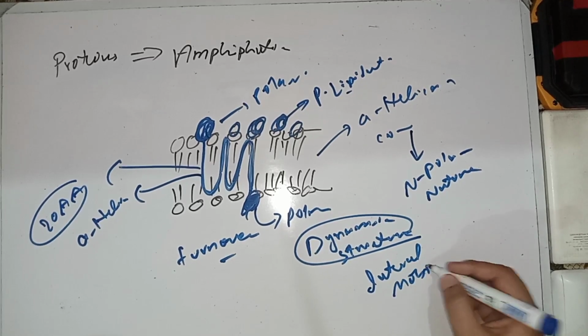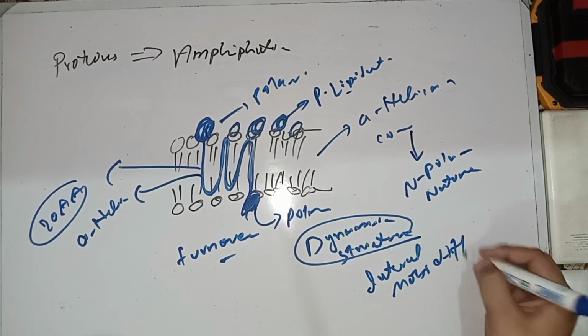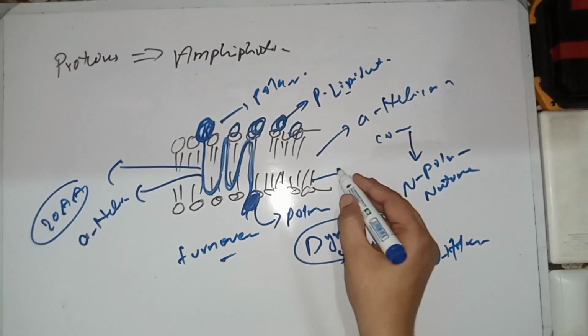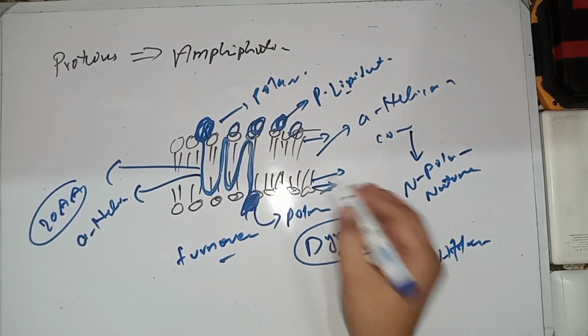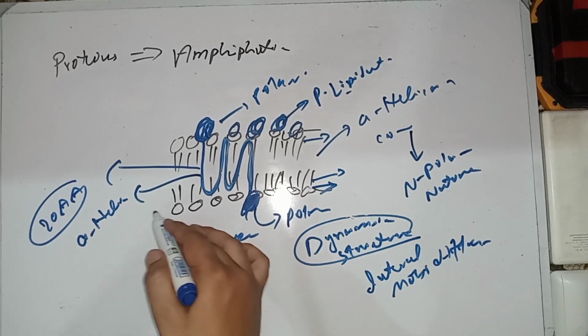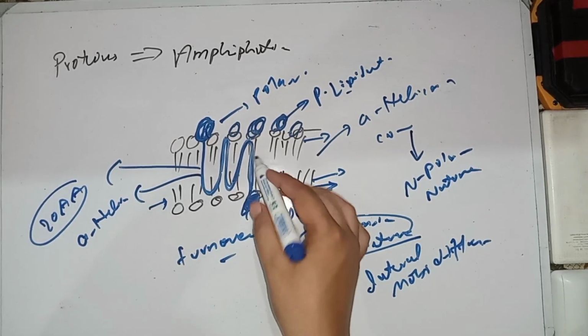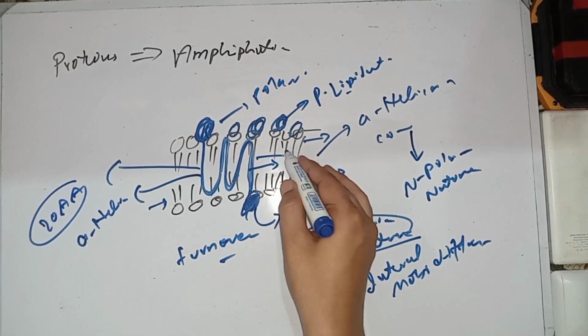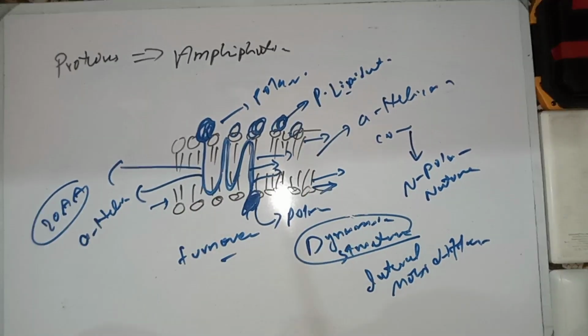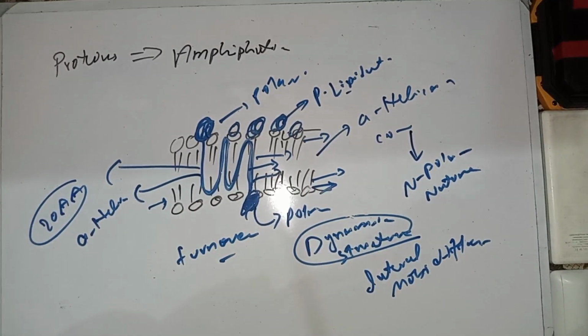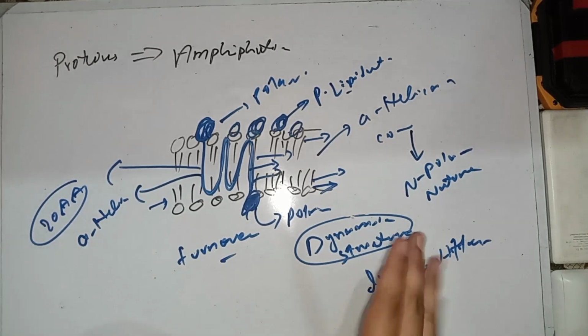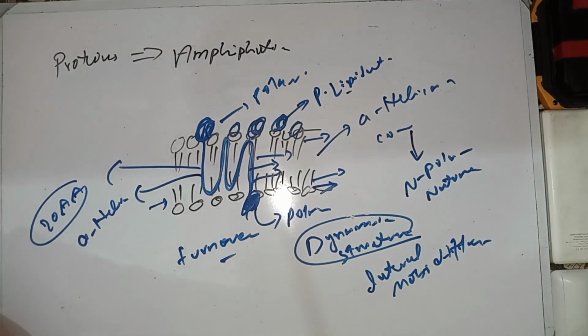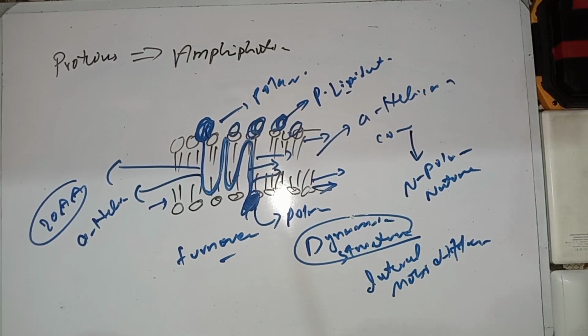You can say lateral diffusion, in which these lipids move on the lateral side. They continue to move, and in turn new lipids take their place. Similarly, these proteins also continue to move or show lateral diffusion and are replaced by new proteins. So membranes are basically dynamic structures which show the phenomenon of lateral diffusion, and newer proteins take the place of older proteins.